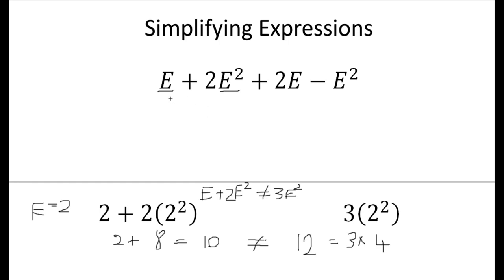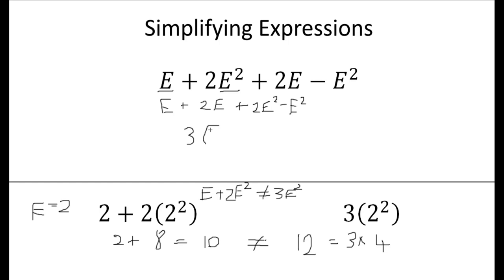So with that in mind, let's quickly group these up now. Let's group all the e's together, e plus 2e. And let's group up the e squareds together. So we just have plus 2e squared minus e squared, just like that. And now we can just quickly do this.